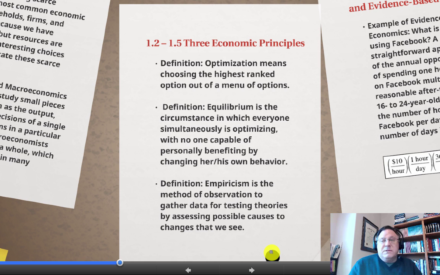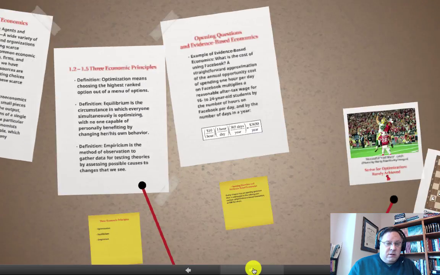Equilibrium is the circumstance in which everyone is simultaneously optimizing with no capability of any party benefiting by changing his or her behavior. Empiricism is the scientific method whereby methods of observation are used to gather data to confirm or refute a testable hypothesis.